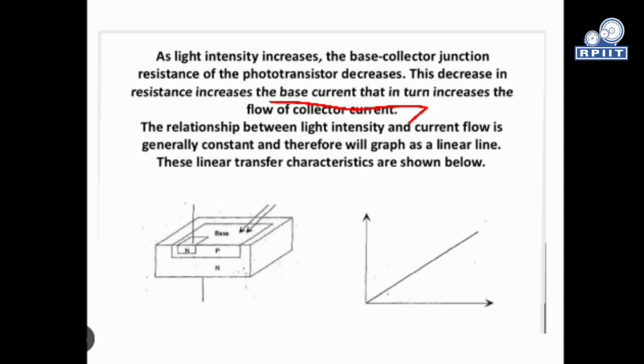So the relationship between the light intensity and current flow is generally constant, and it will show a linear graph. As the light intensity increases, the current increases as well. So this is a linear relationship between the light intensity and current.